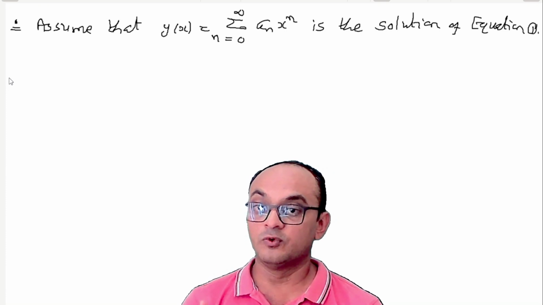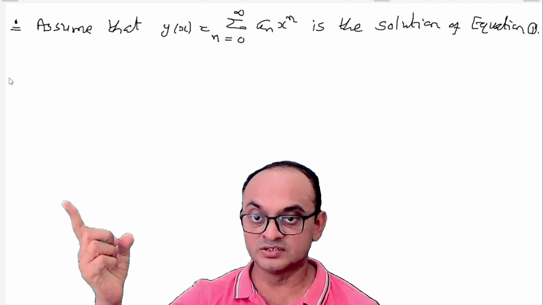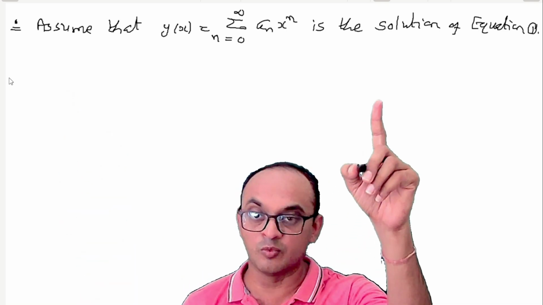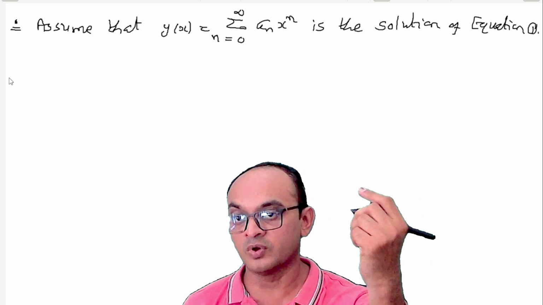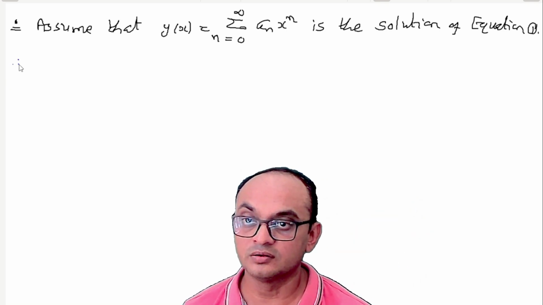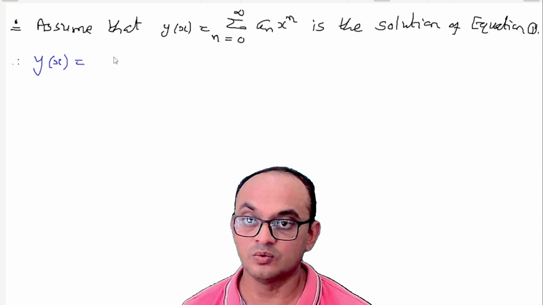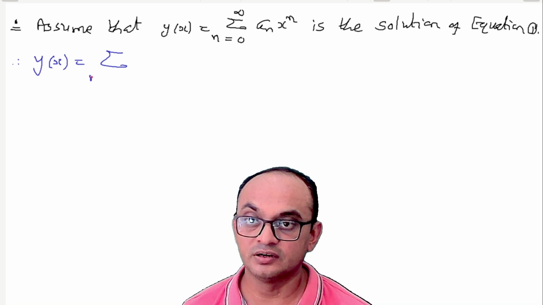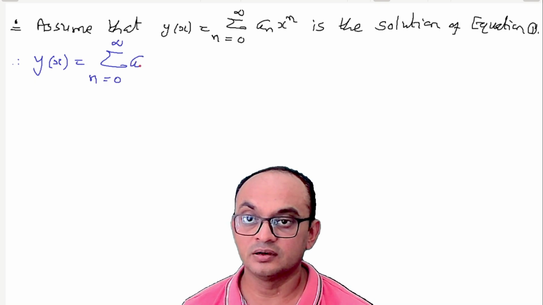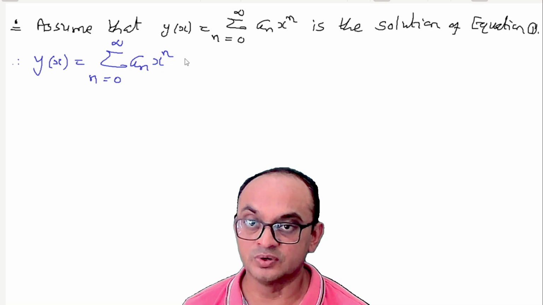Okay, now for this particular exercise I am writing the solution here, and the explanation I mostly write here or use a different color, right? What we have been given, the solution y of x is equal to summation n equal to 0 to infinity a n into x raised to n, right? Now what is this actually?